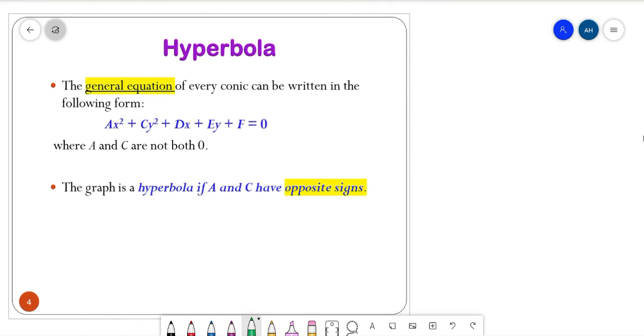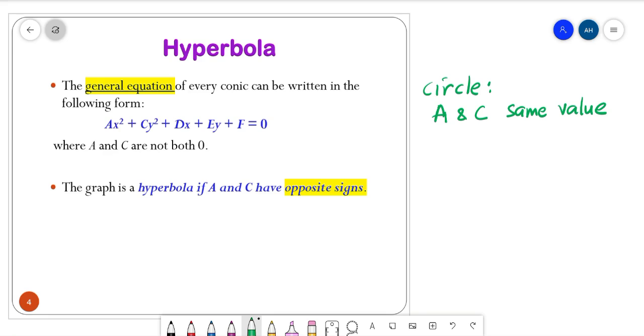That is for a circle. This is another part that is very interesting. For each one of these, the only thing that we have to look at is the values of a and c. For a circle, the values of a and c must be of the same value.